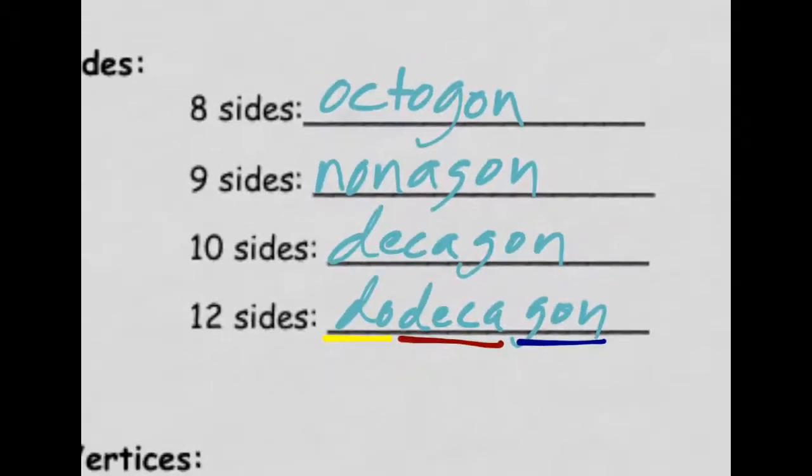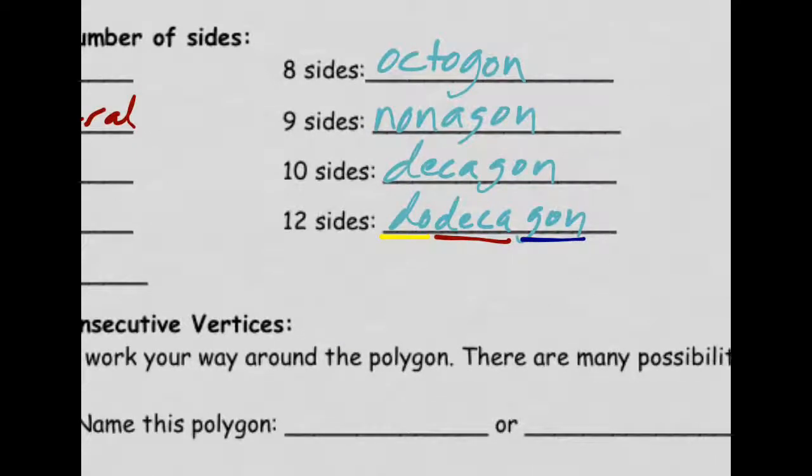Now, here's the funny thing about these: whatever other number of sides you may have, let's say you have a 14-sided figure, guess what that is? That's a 14-gon.